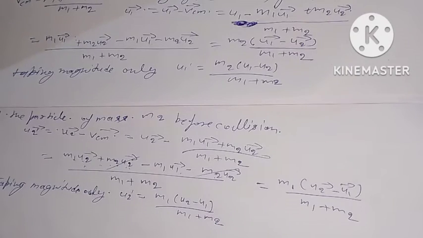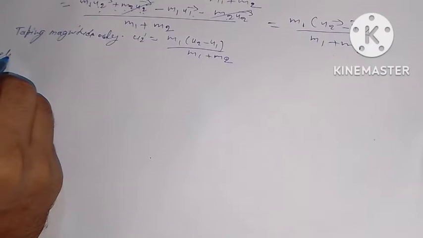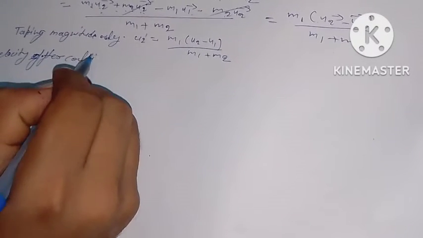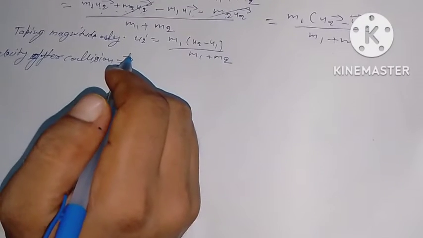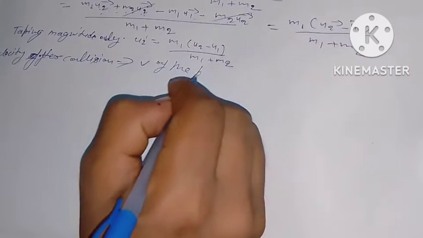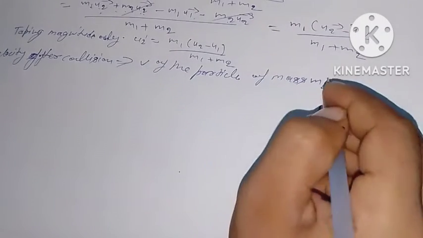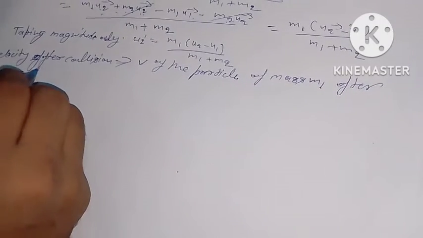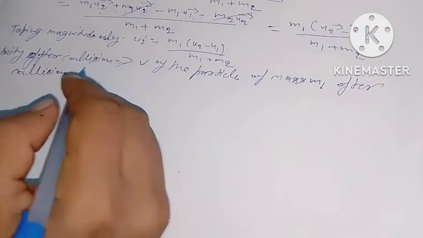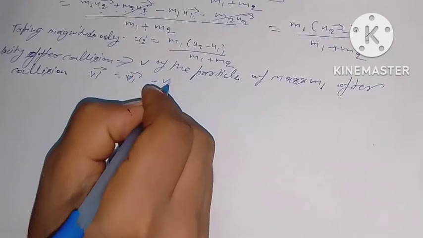Velocity after collision. The velocity of the particle of mass m1 after collision relative to center of mass frame according to Galilean transformation is given by v1 dash vector equals v1 vector minus V center of mass vector.